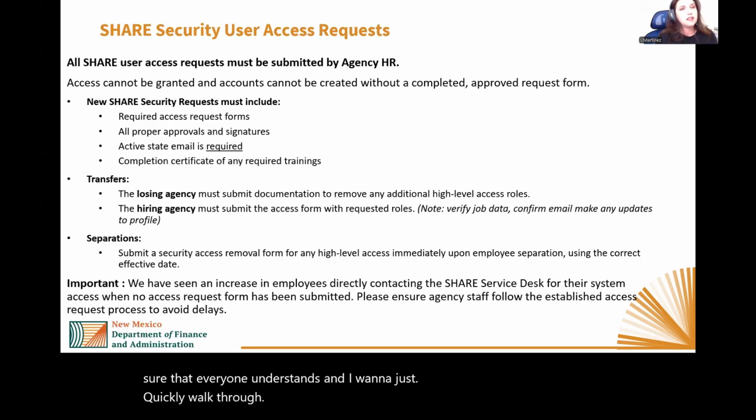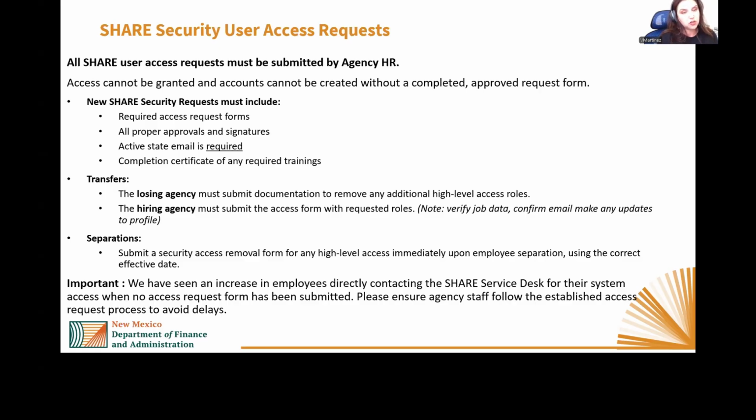I want to make sure that all HR knows that share security cannot be granted without the completed approved request form that can be found on the Share Info Center. I believe it's also on the DFA website as well. New share security requests need all the proper approvals and signatures, and an active state email is required as a result of MFA.